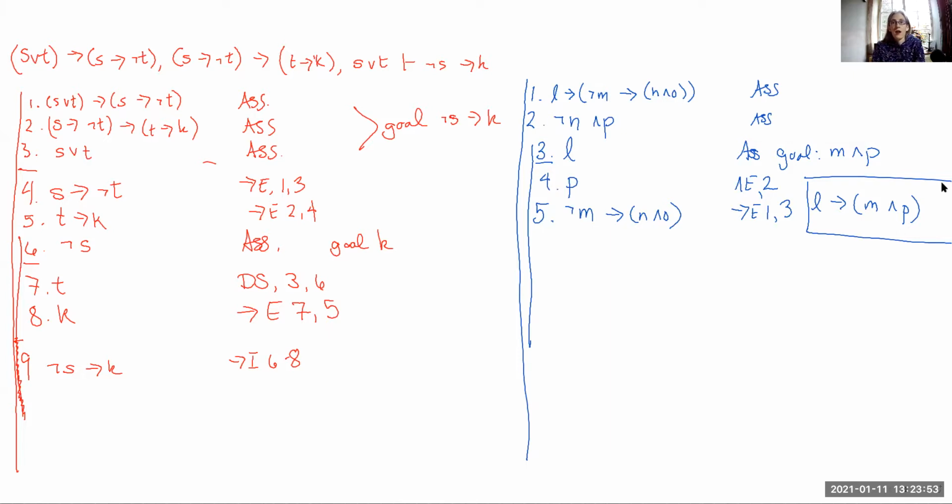So go back to our interim goal that we wanted to get M and P. We've already got P, so we just need to get M in order to be able to use conjunction introduction. How do you get an atom if there isn't an immediately obvious way of getting it through one of the other rules? Negation elimination or negation introduction.